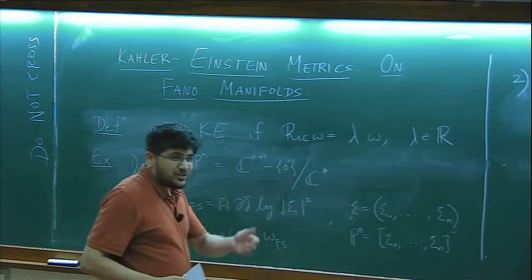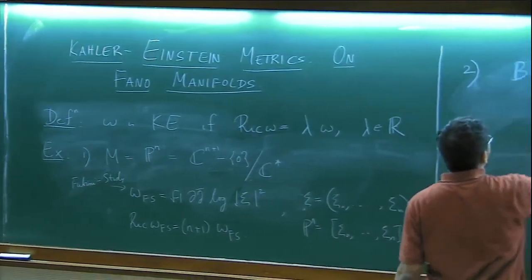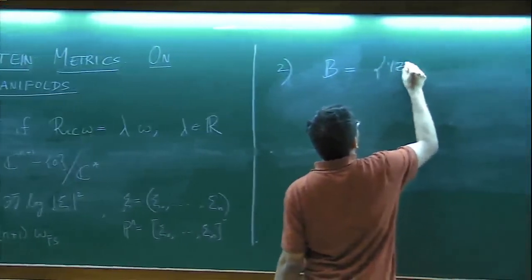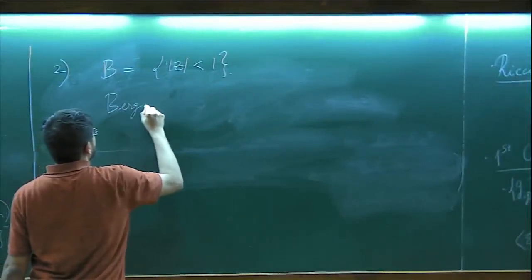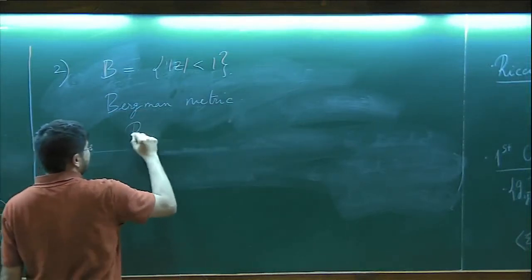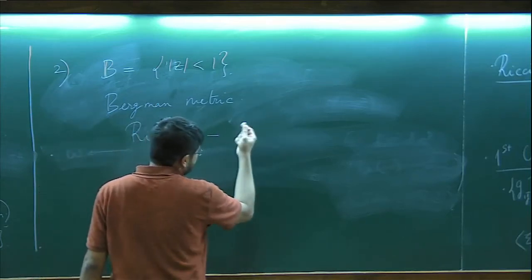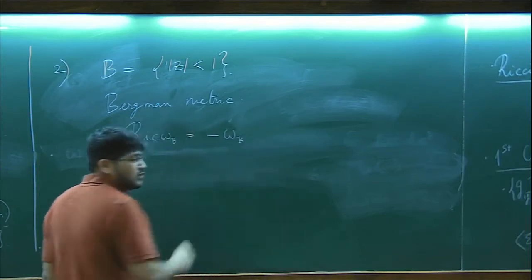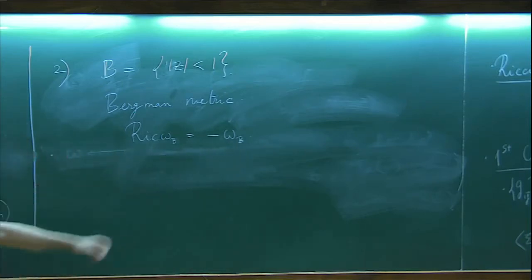A second example was basically discussed in today's morning lecture. You take the ball and basically take the Bergman metric. Okay, so this is going to have Ricci some negative constant, so you can normalize so that the negative constant is 1, and the Ricci of this is going to be just minus omega B. So this is an example of a Kähler-Einstein metric with negative Ricci curvature.